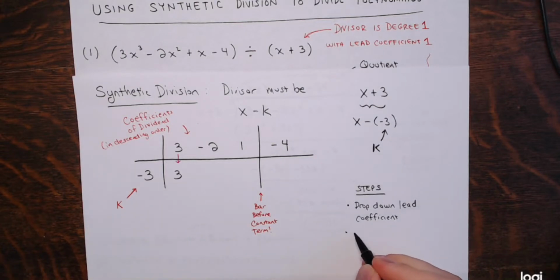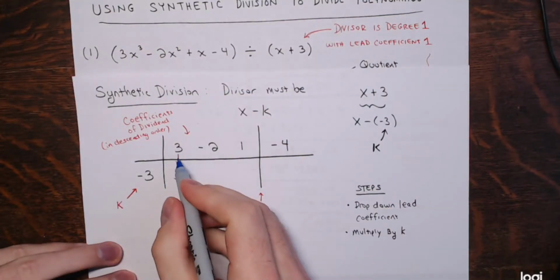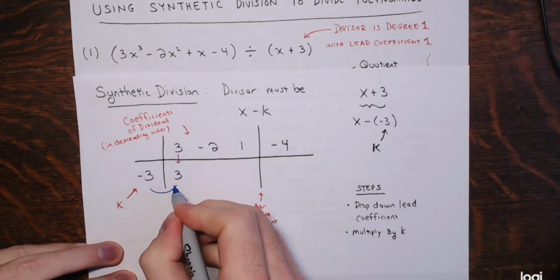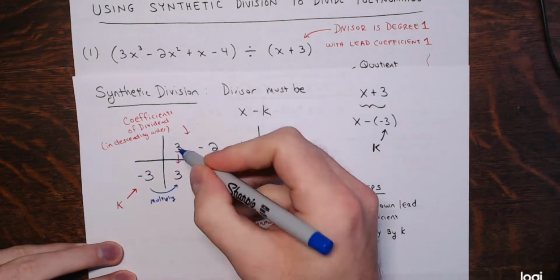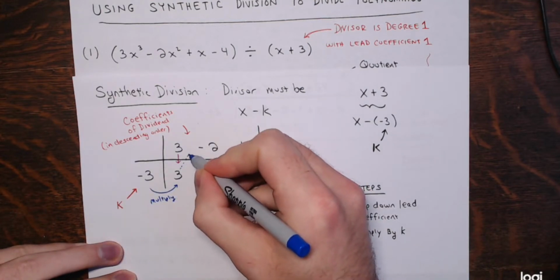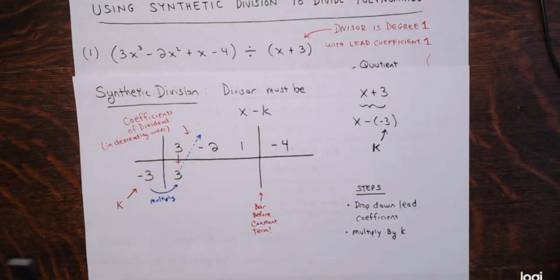Then you multiply by k. Here's what I mean by that. Take the number I just wrote and multiply by k: negative 3 times 3. You write this result above the next column.